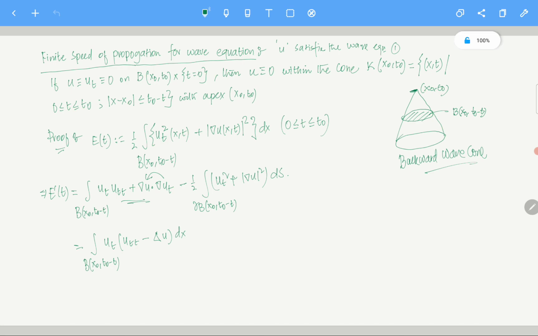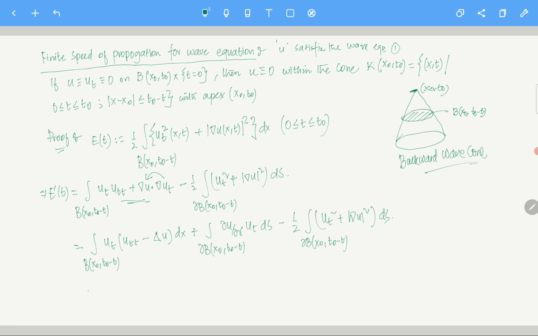Now the boundary term: plus the integral over ∂B(x0, t0 − t) of ∂u/∂γ u_t dS, minus half the integral over ∂B(x0, t0 − t) of u_t square plus gradient u square dS.